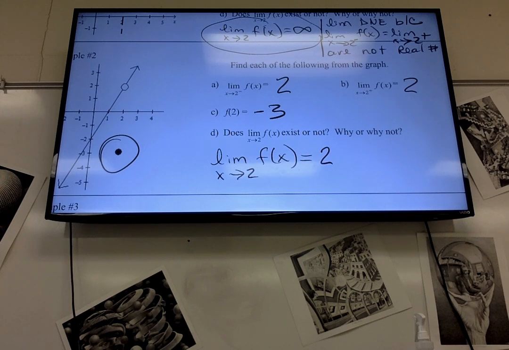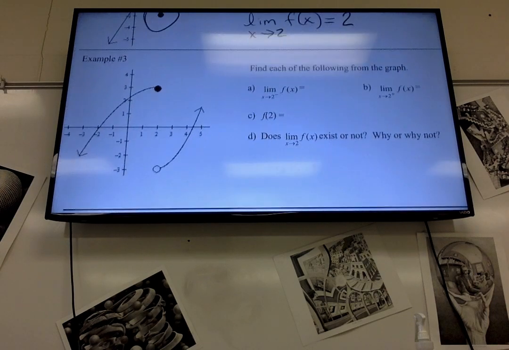It does not matter that f of 2 is -3. Doesn't matter what f of 2 actually is. It's what is it getting closer and closer to. So it can either actually touch it or not. It doesn't matter. And that's where some people go, woo!